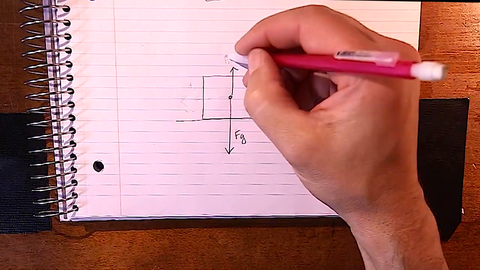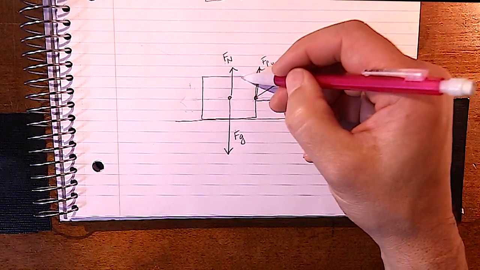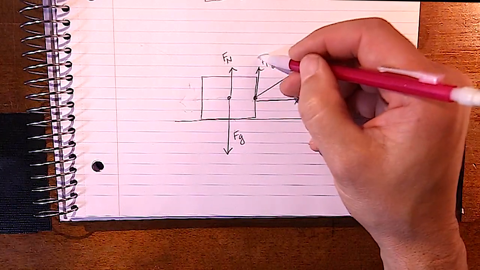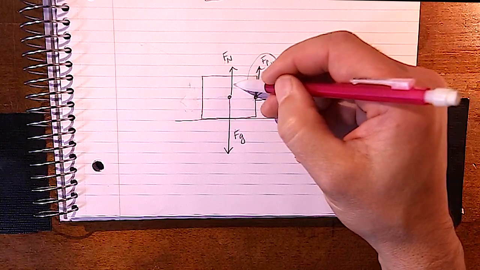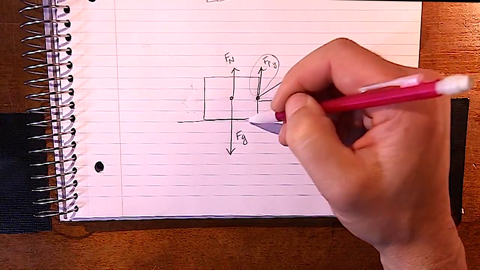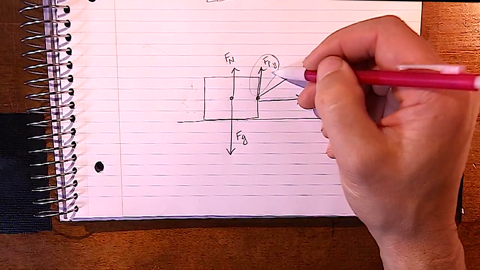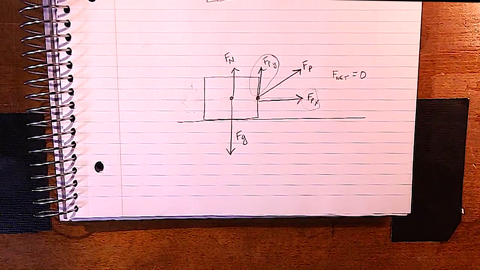What does that force have to be? That has to be the force normal. So the force normal is not equal to the weight in this situation because there's a component of Fp that's helping to relieve the pressure on the floor. So the floor feels less force normal, because Fpy is helping to push in the upward direction.